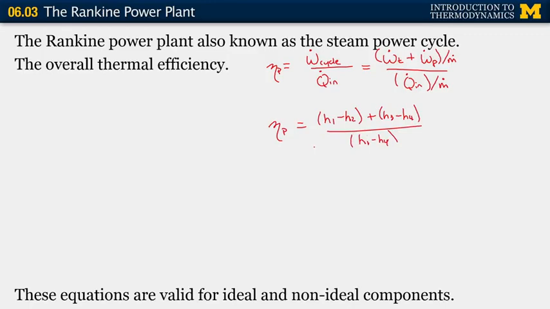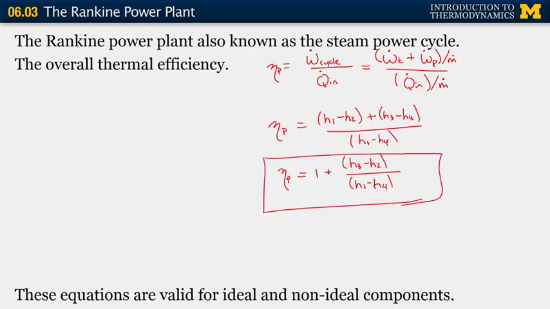And we could shuffle things around a bit and do some algebra and make it a little prettier, but not much prettier. And we'll get this expression for the power plant efficiency.